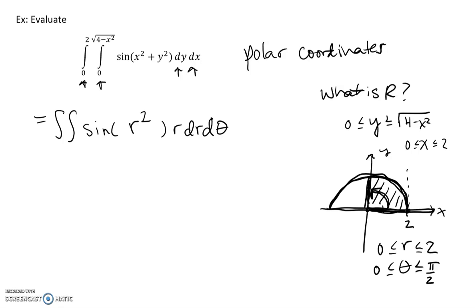One thing that we can also recognize with this to find those R values is that when I had this y equals the square root of 4 minus x squared, really that's y squared is 4 minus x squared.